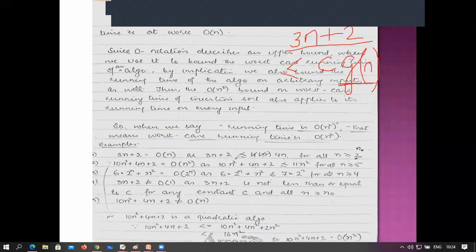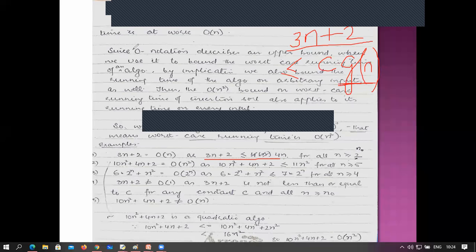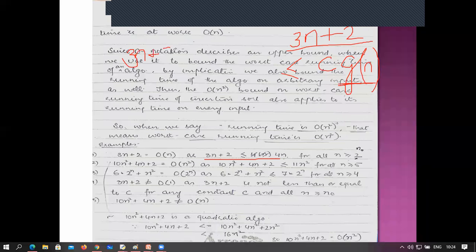Now here I have written, can I write down that 3n plus 2 is lesser than equal to 4n? That I want to say value of 3n plus 2 is lesser than equal to 4n for all n greater than equal to 2. Okay, put the value of n as 1 over here.